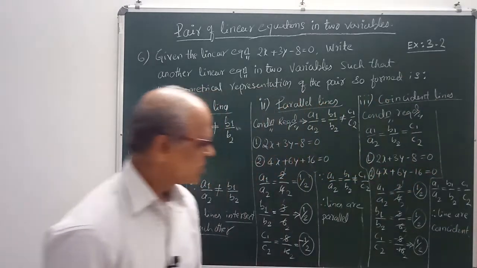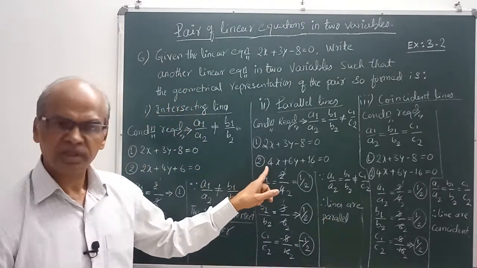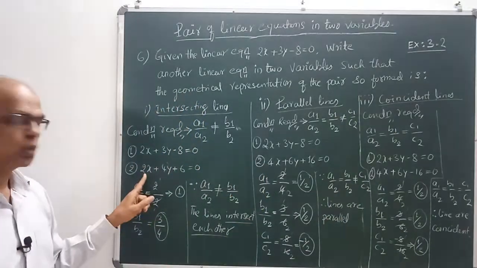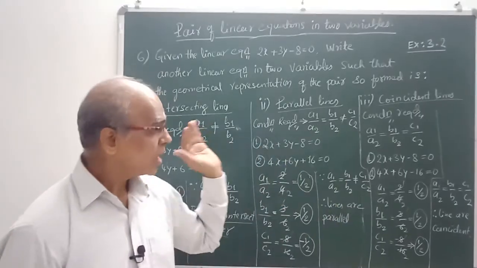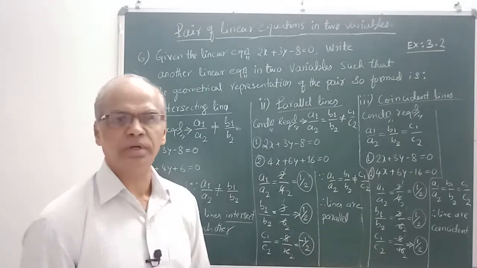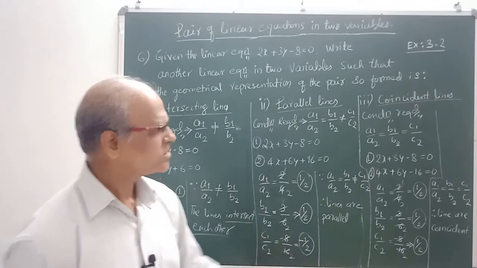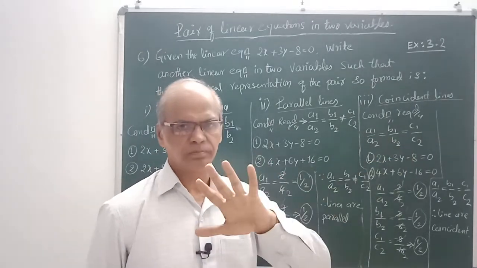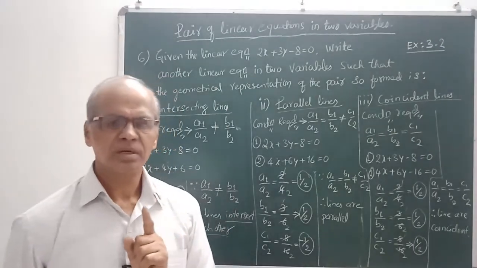You see, here is equation 2 in this third case, equation 2 in the second case, equation 2 in the first case. These are the answers, but others may get different answers. The textbook answer may be different, the magazine answer may be different, but all are correct as long as your condition remains the same. You have to check the condition, and if you get the same, then your answer is correct.